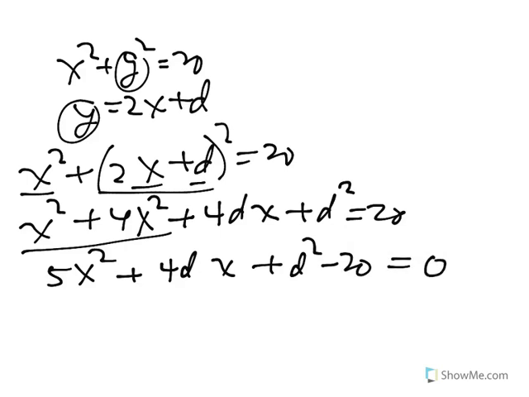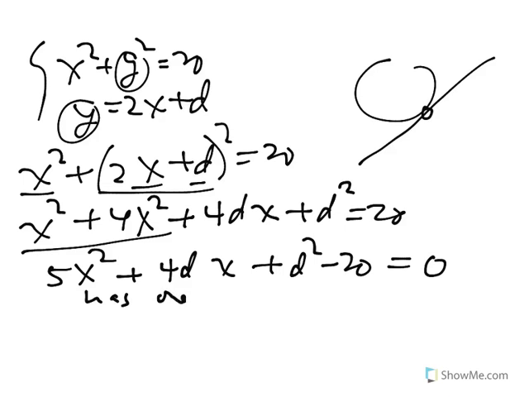So I have this ugly equation with x's and d's, and it seems unsolvable, and we're not going to solve for x. We're going to solve for d using the fact that if this line really is perfectly tangent to the circle, then this equation has one unique real solution. In other words, the discriminant, capital D, equals 0.